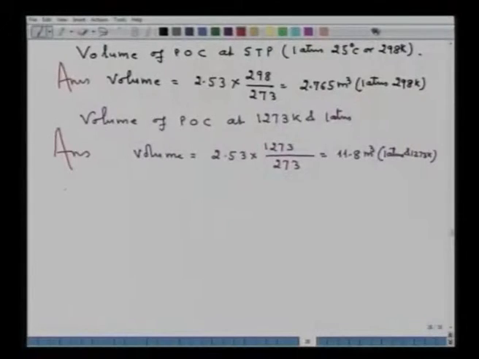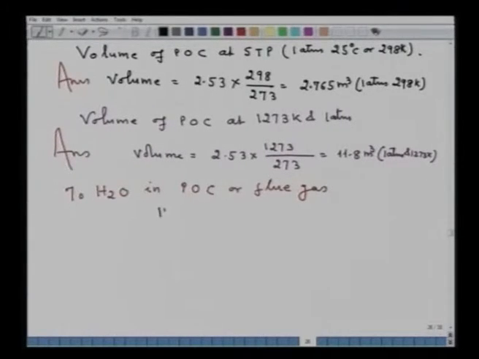So, let us take the next, we have to find out percentage H2O in POC or flue gas. It does not matter which order you calculate and which order it is given, as long as you report all what is being asked to you. So, percentage H2O is very straightforward.